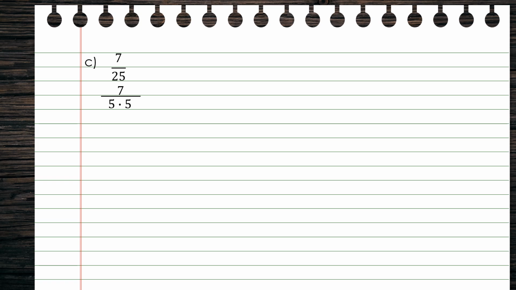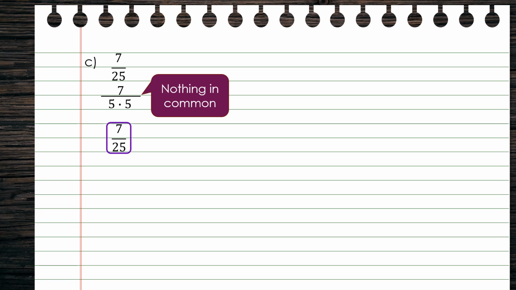Since both the numerator and denominator are factored, we're ready to see if we have any common factors. And if you notice, 7 over 5 times 5 has nothing in common, which means this cannot reduce. Again, since there's nothing in common, we put it back together and we say the fraction remains 7 over 25. In other words, it's already in its simplest form.